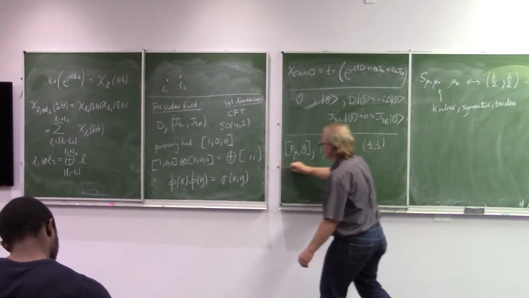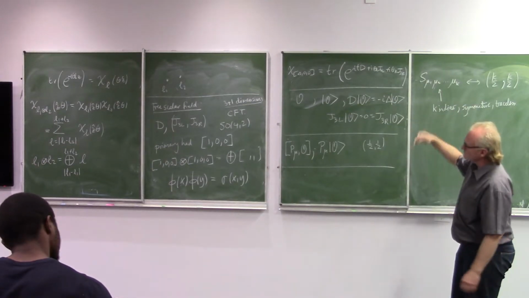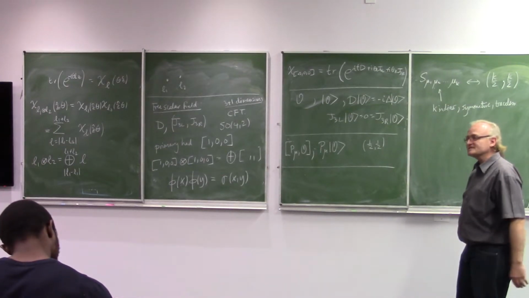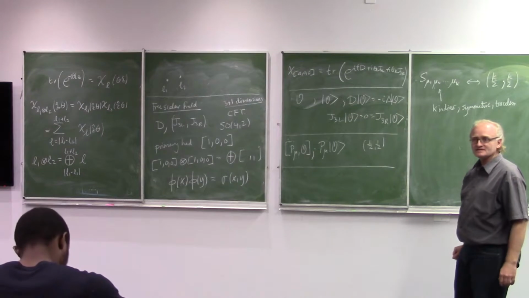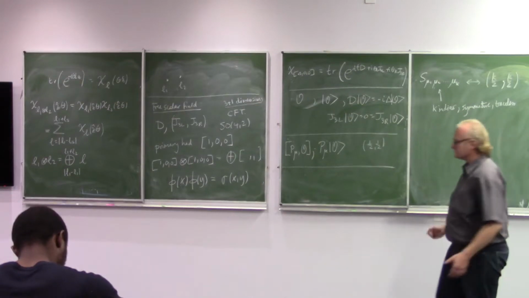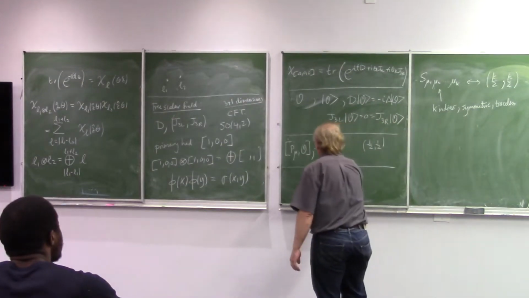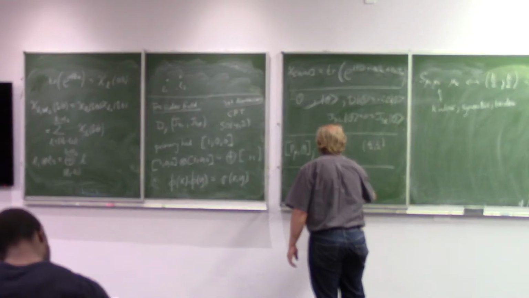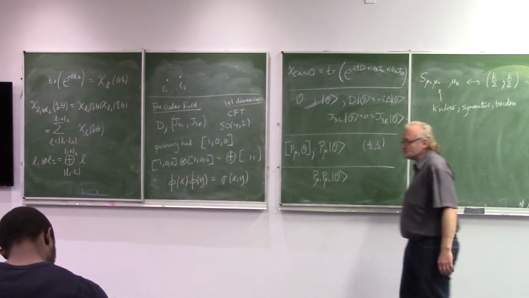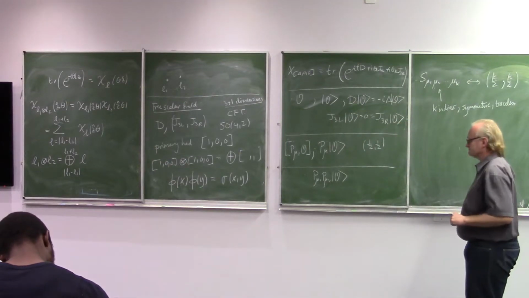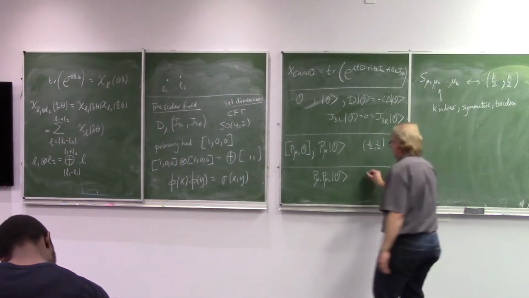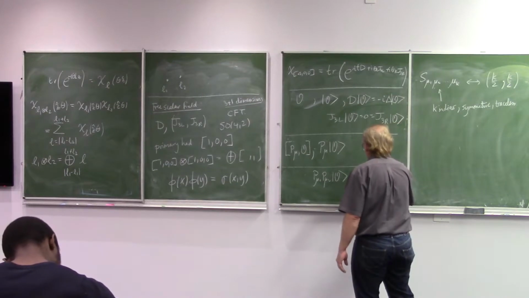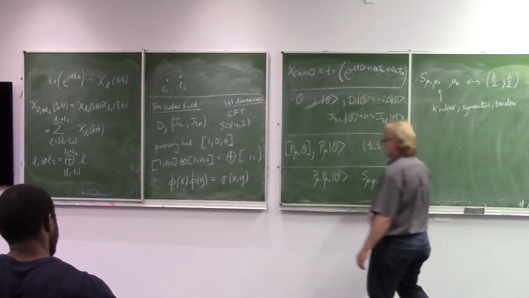Now, let's go one further. What's the next descendant? Act with two P's. So the next descendant will be P mu1, P mu2, O. If I've got these two indices, what can I form? Well, I can form a tensor that is symmetric and traceless.